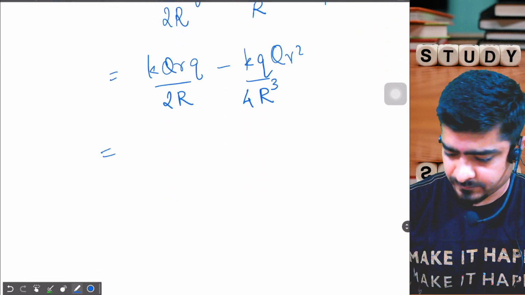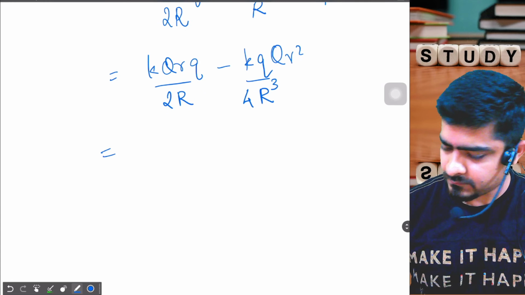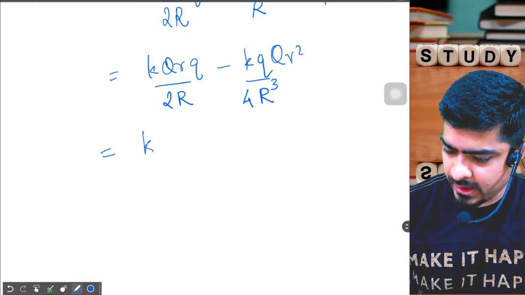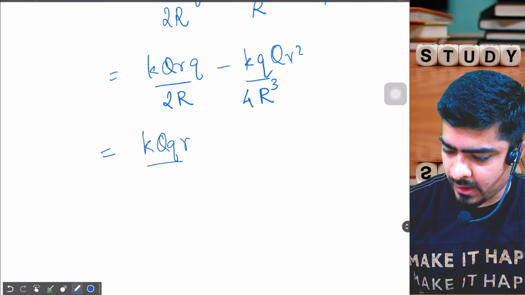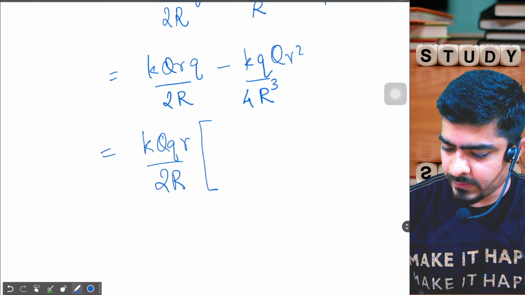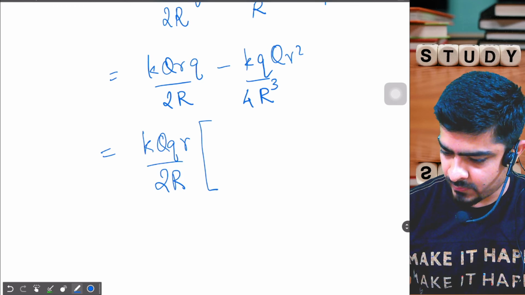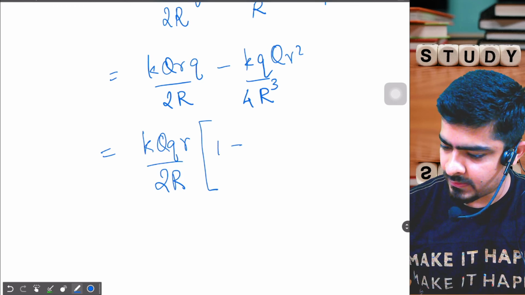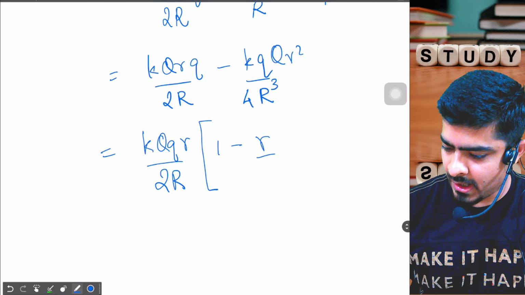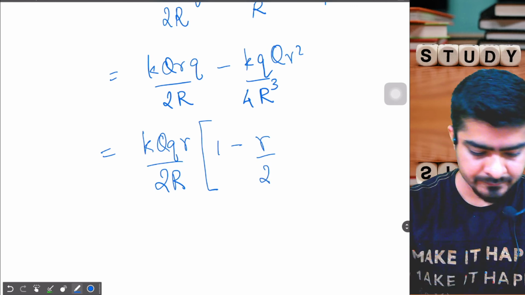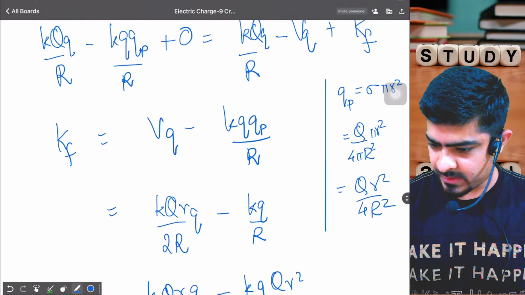So I'll get kQq r by 2R as common, and inside I will get 1 minus r divided by 2. Wait a minute, I made some calculation mistake.